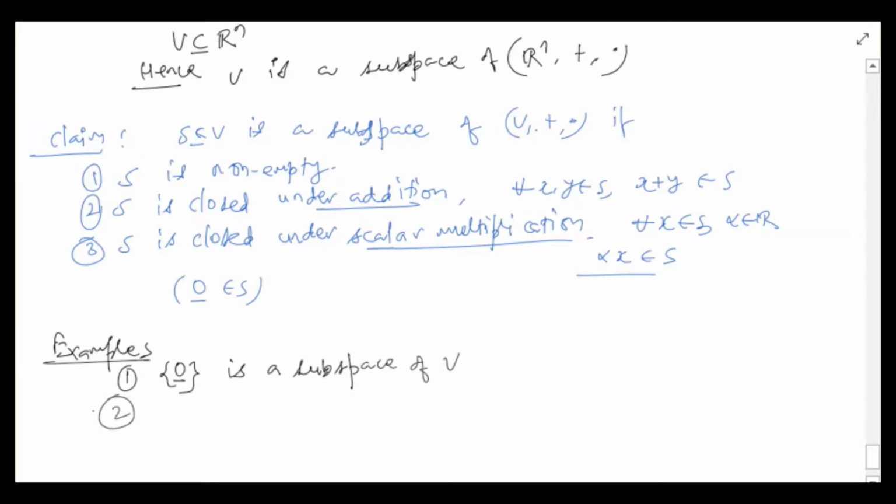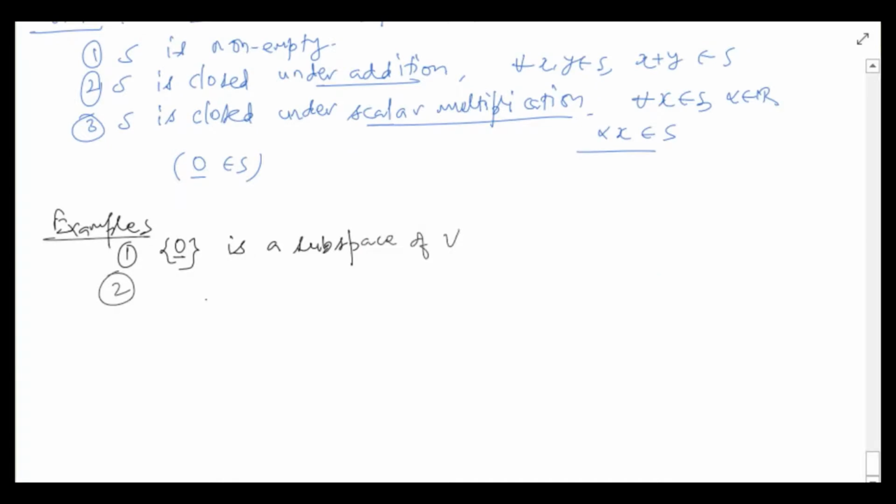Okay. Another example is, now consider the set of two-dimensional geometric vectors. Right, set of all these vectors. Here, if I restrict to a line passing through origin, let's denote the original one as R2.